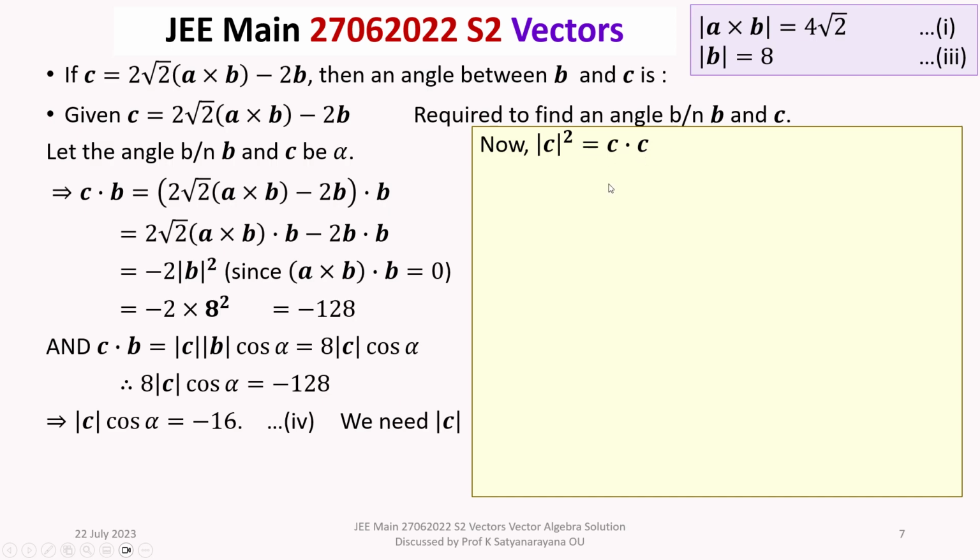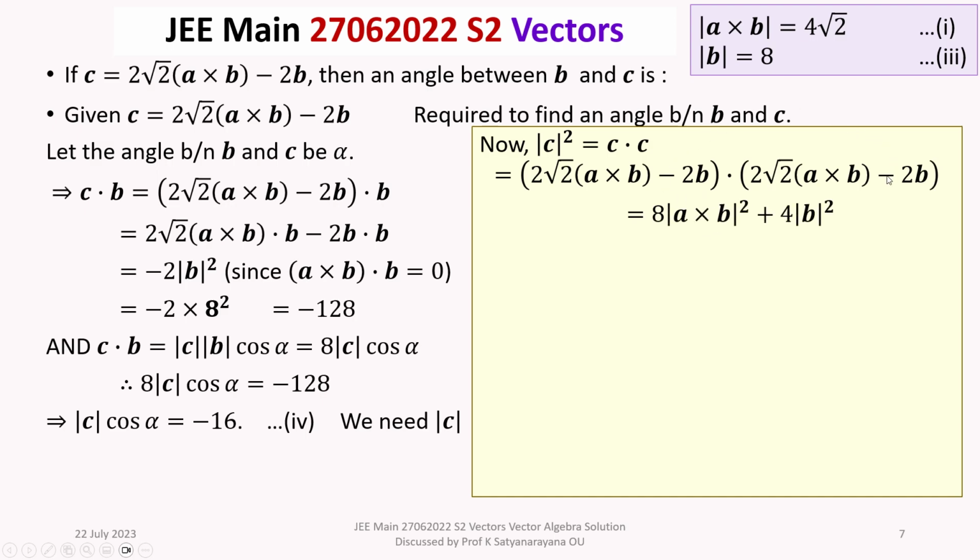Right. And for C you write 2 root 2 multiplied by A cross B minus 2B, dot the same vector, C dot C. Now multiply 2 root 2 A cross B dot 2 root 2 A cross B: 2 root 2 into 2 root 2 is 8. A cross B dot A cross B is mod A cross B square.